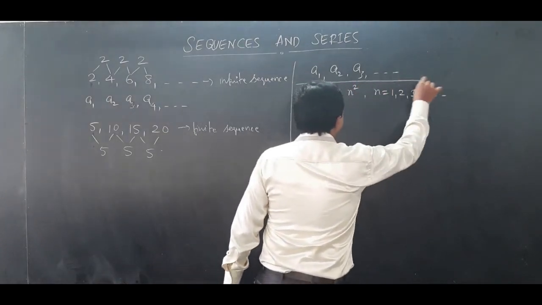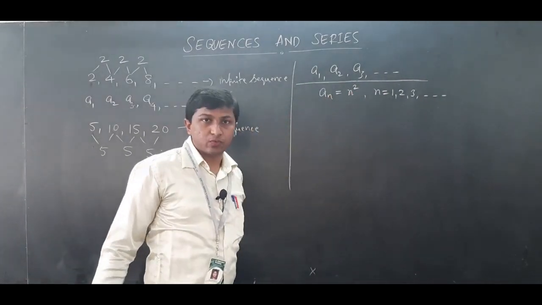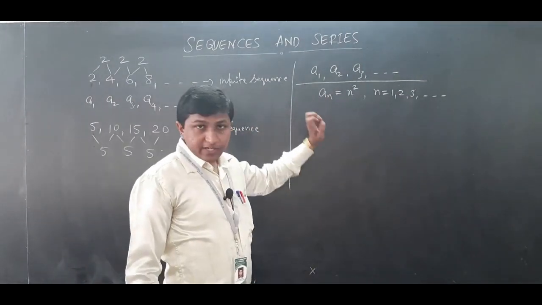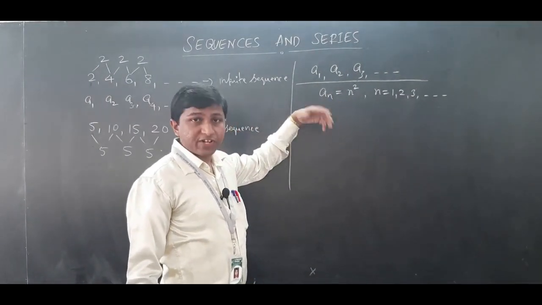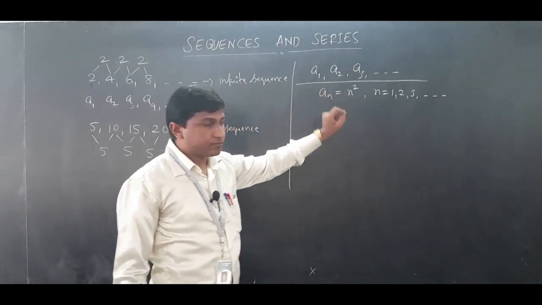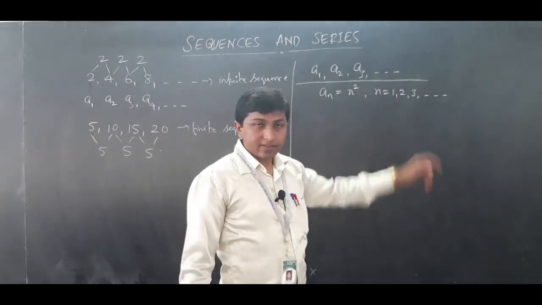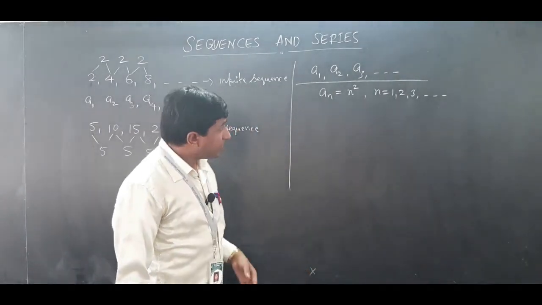Okay. So this is, I am saying, the definition of a sequence of numbers. What is the definition or the general term? A_n equals n square. Okay. Where what is n? n is nothing but any natural number.